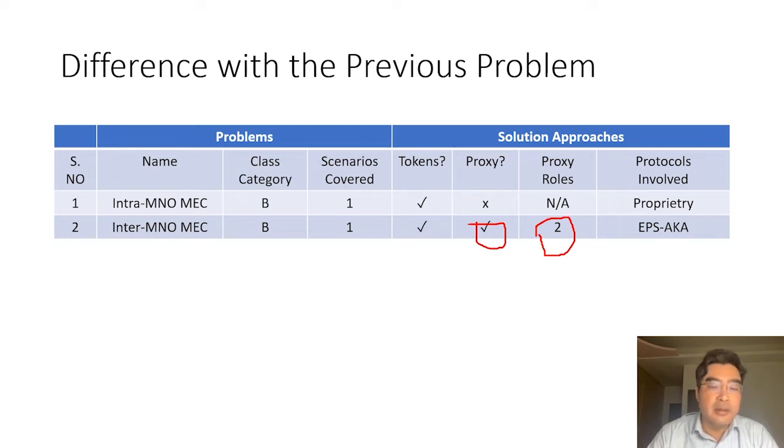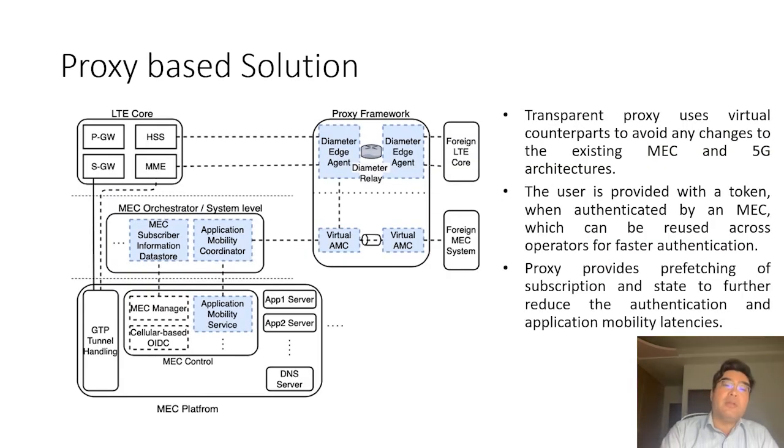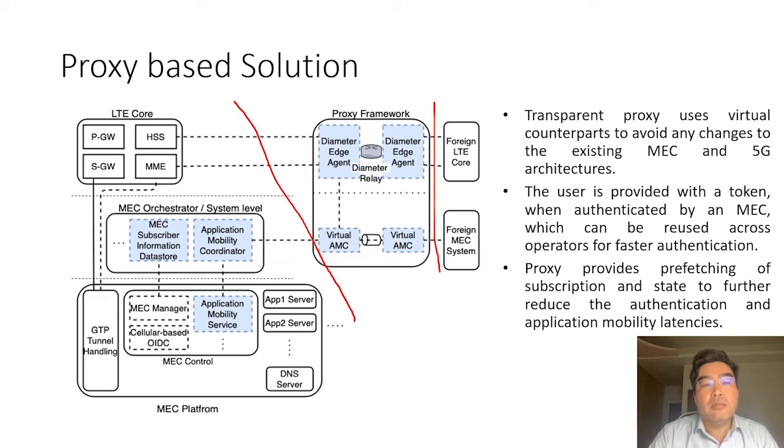No pretending. So here's the proxy-based approach, where on the left-hand side is the home domain, the home service provider, where you have the LTE core and then the MEC system, and then you have the foreign LTE core, which certainly can be applied to 5G, and then the foreign MEC system.